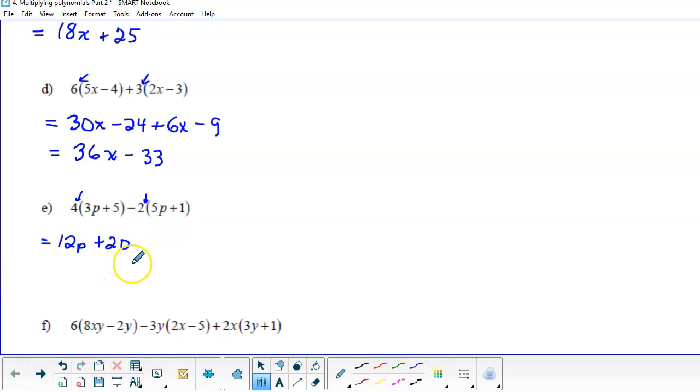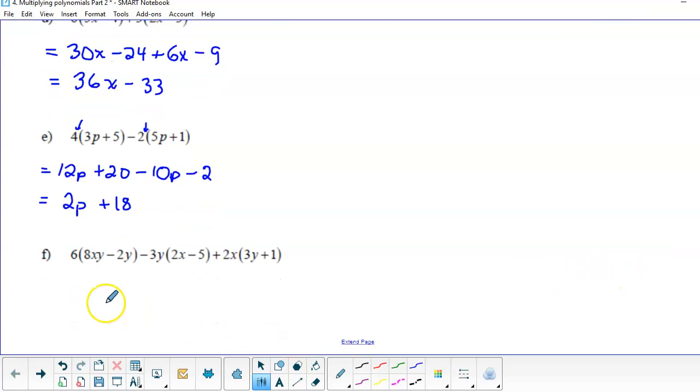The signs will have changed appropriately. So negative 2 times 5p is negative 10p, and I'll show it as a subtraction. Negative 2 times positive 1 is negative 2, so I'll show it as a subtraction. That way you don't have to do another step, and it gets confusing if you keep the brackets. So now 12p minus 10p is 2p. 20 minus 2 is 18, so that's a plus 18.